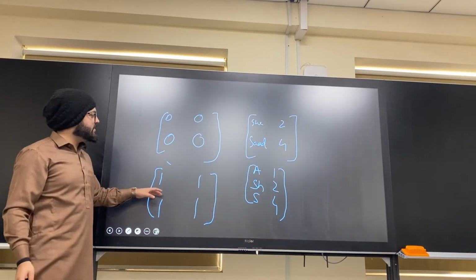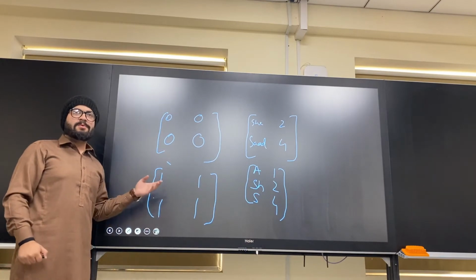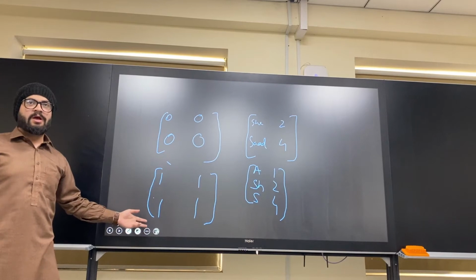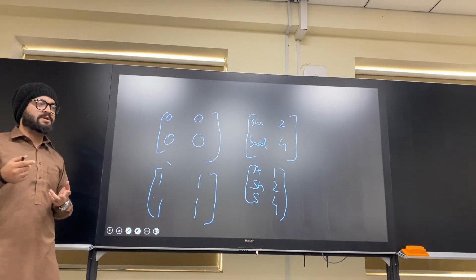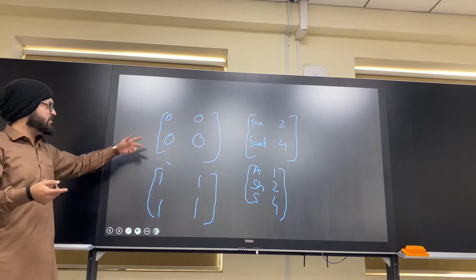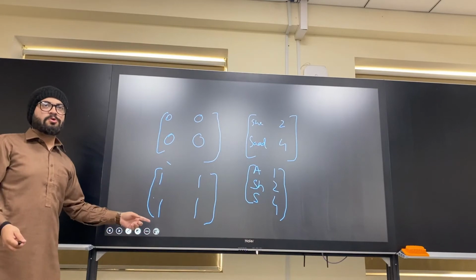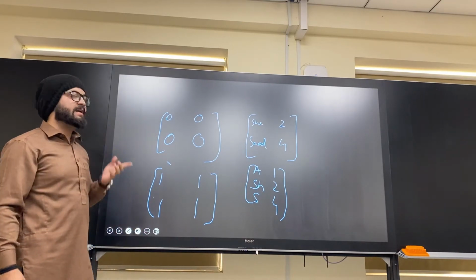So the matrix of 1 and the matrix of 0 are basically the same thing in a way, because there is no difference between any of these elements, and so the difference cannot be differentiated from these 2 matrices. And the last one was the identity matrix.